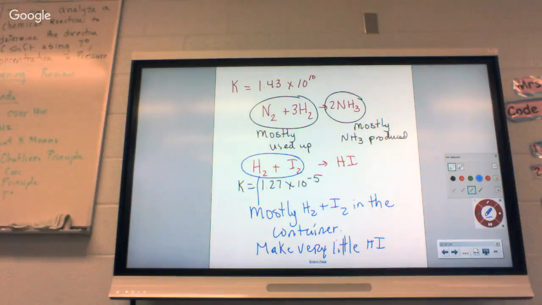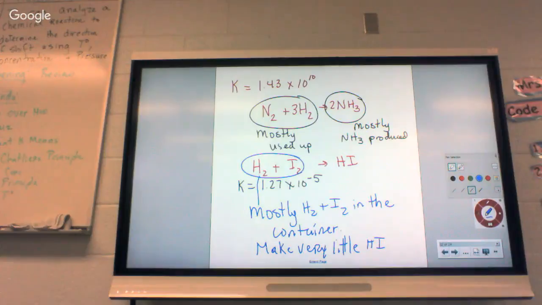Now, there's lots of things he can do to shift his equilibrium to try to make more HI. Okay? And that's where the rest of our discussion for today is going. How can we shift our equilibrium to make HI that we're clearly not making based on that K? Most of what we're getting is H2 and I2 because my K value is so low.